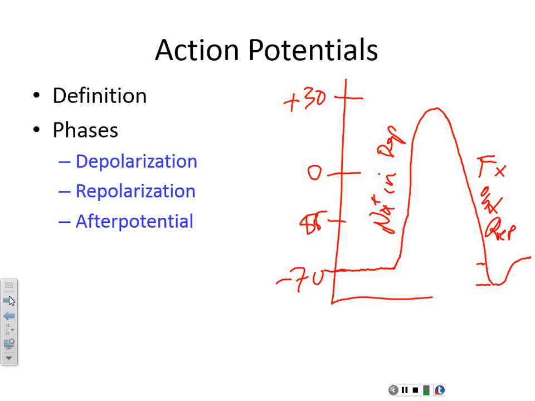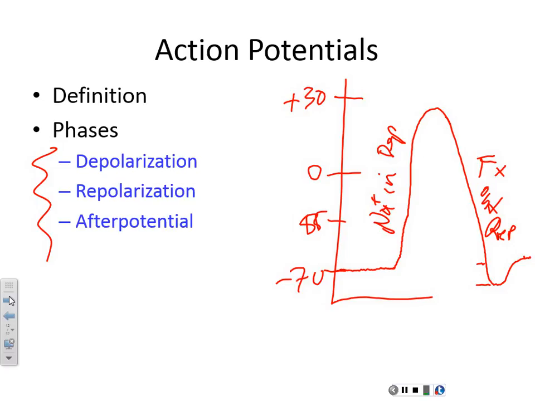That's what's called after potential or after hyperpolarization. Then it will come back to resting, and the sodium potassium pump will re-establish the resting conditions, where you once again have sodium outside, potassium inside. So be able to describe these phases of an action potential and show what's happening.